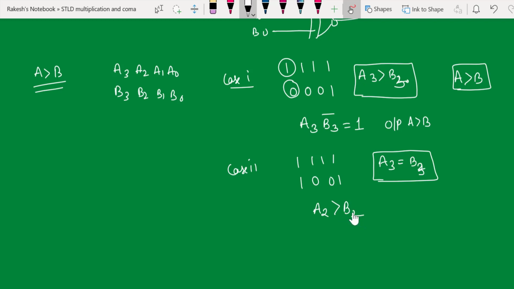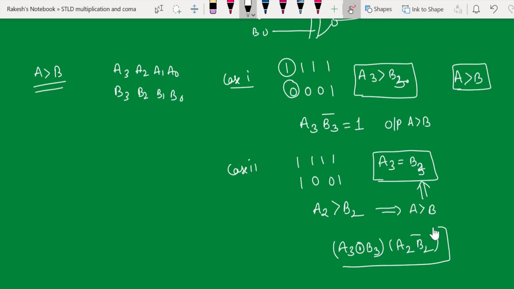So that means your A is greater than B, provided your A3 equals B3. So in this case I am going to take my output expression as A3 XNOR B3 multiplied with A2 into B2 bar. This entire term will be 1 when A3 and B3 are equal and A2 into B2 bar is 1, and I am going to get output as A greater than B. This is case 2.